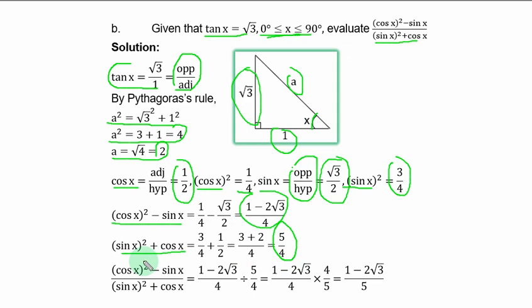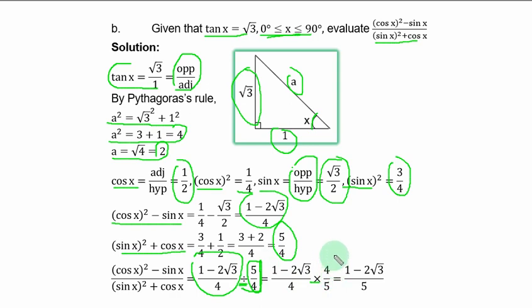Because both are fractions, let's use a division sign in place of the division line, and the denominator is 5 over 4. Anytime you are dividing fractions, the division sign changes to multiplication, and the fraction at the right side of the sign is inverted.